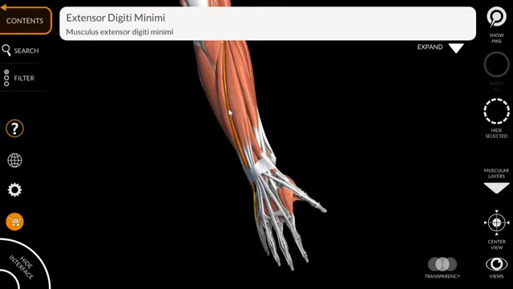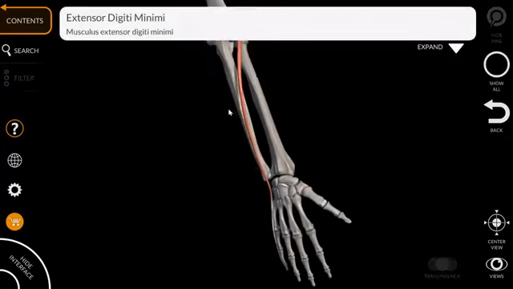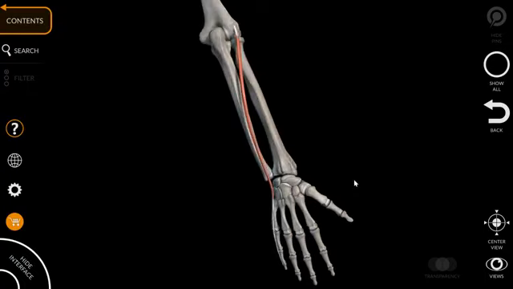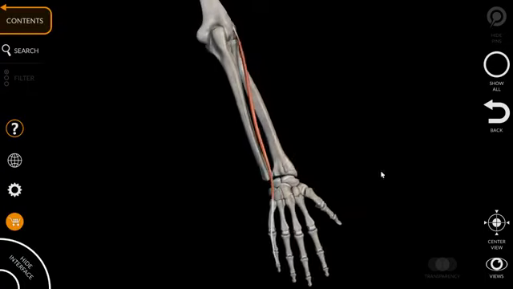This is extensor digiti minimi, having the same origin, that is the lateral epicondyle, and attaching to the little finger like this.